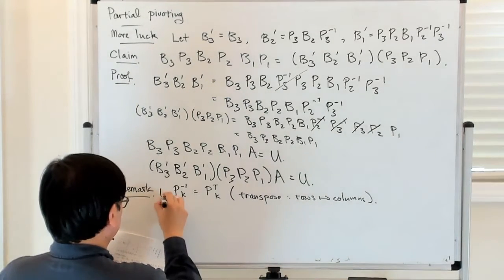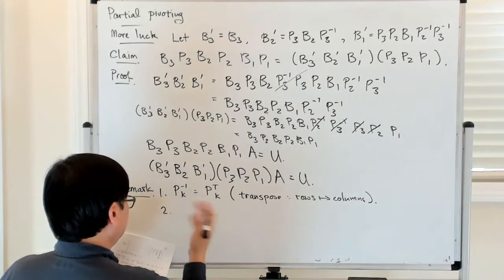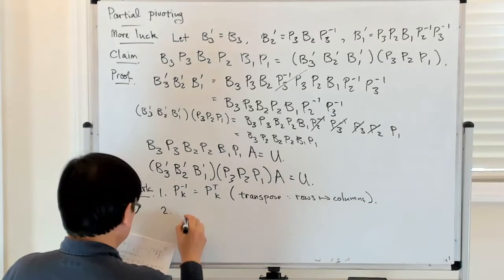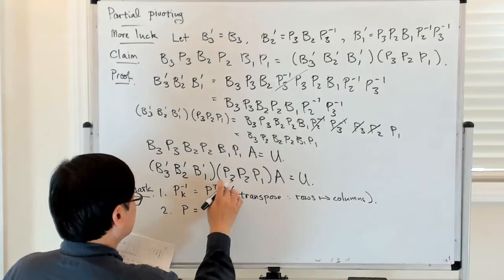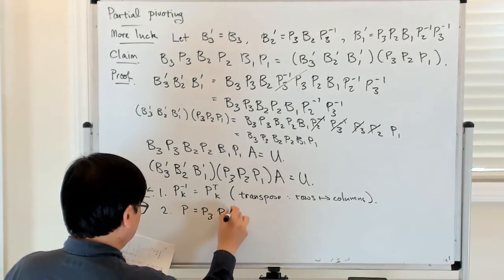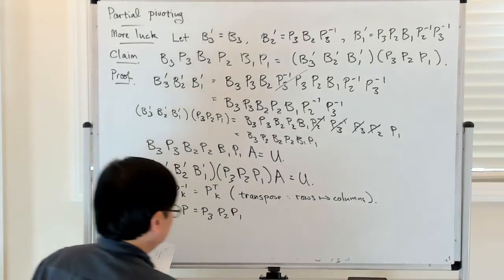Okay, so that's the first observation, that the inverse of a permutation matrix is just its transpose. The second is that P, which is this product of permutation matrices, P3, P2, P1, is again a permutation matrix.